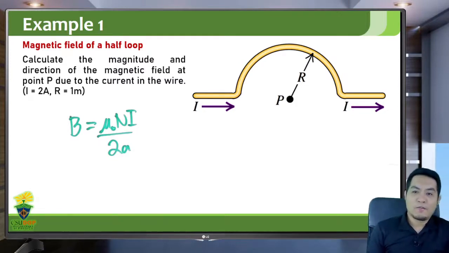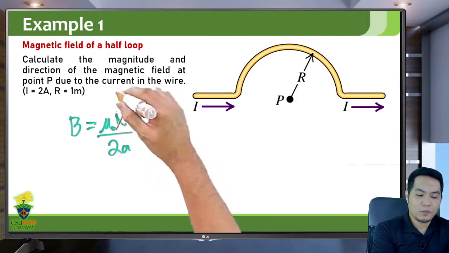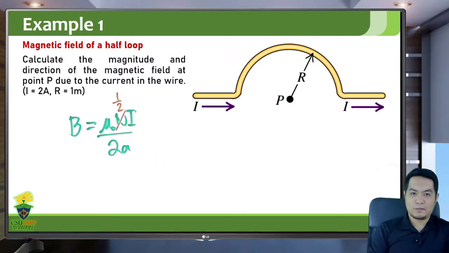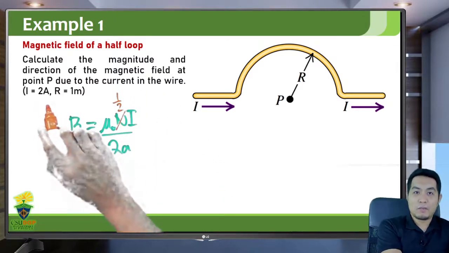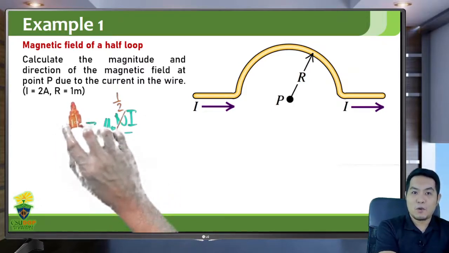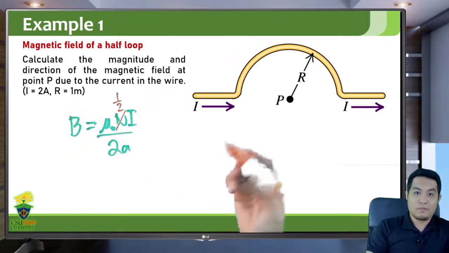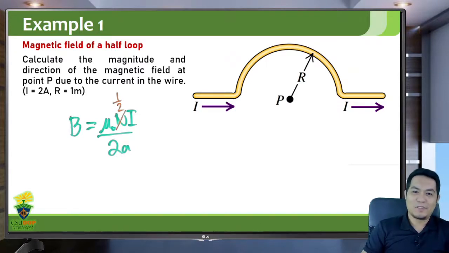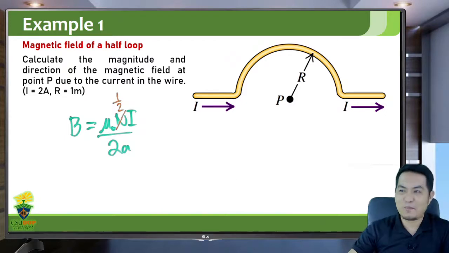The value of n is, since it's a half loop, 1/2. I is given as 2 amperes. The radius a is given as R, 1 meter. Solvable. So that's it, you can now solve. I just want you to continue this because it's an obvious problem.